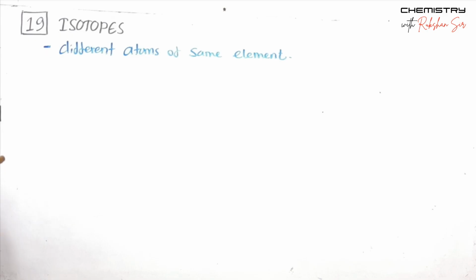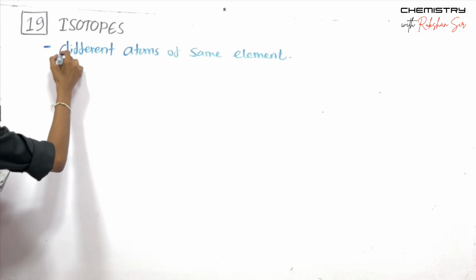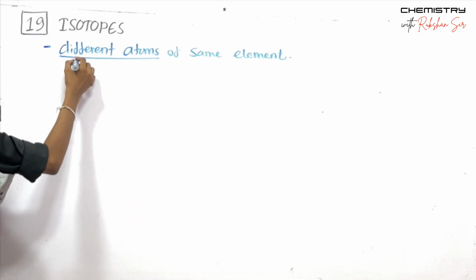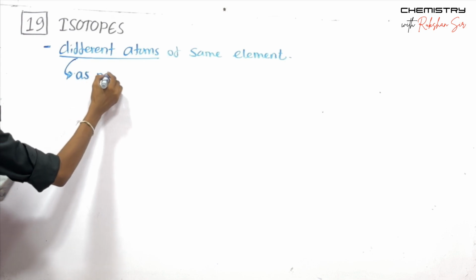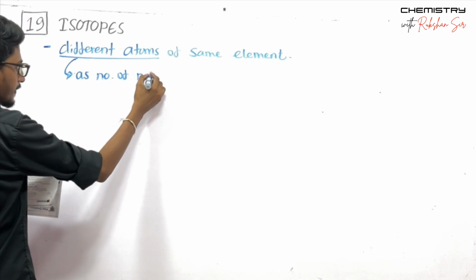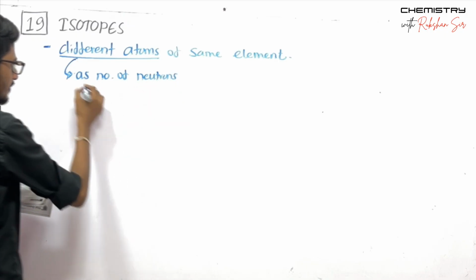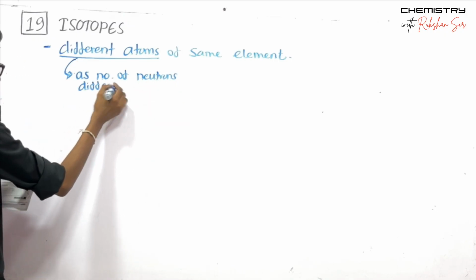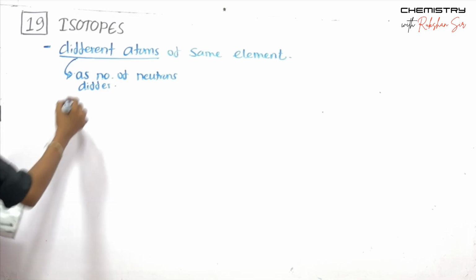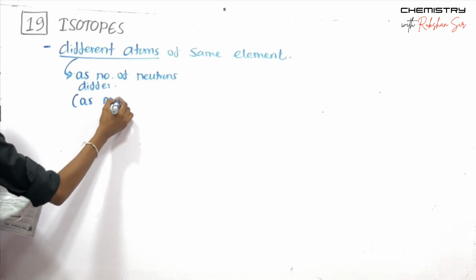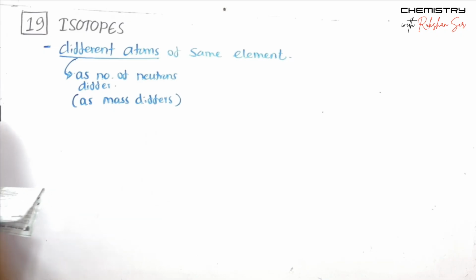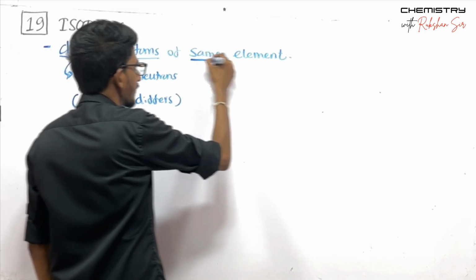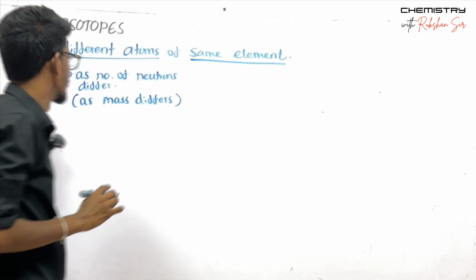Why do they differ? As the number of neutrons differ. One can say as mass differs. But those are atoms of the same element.